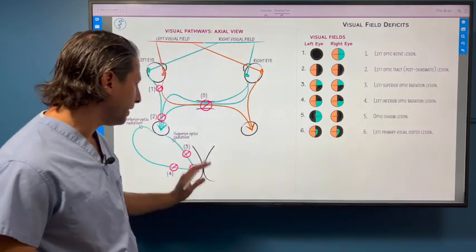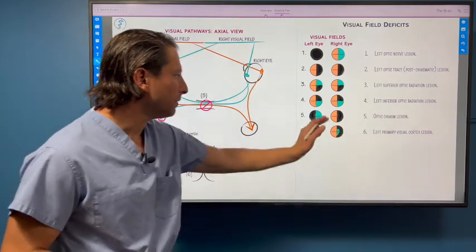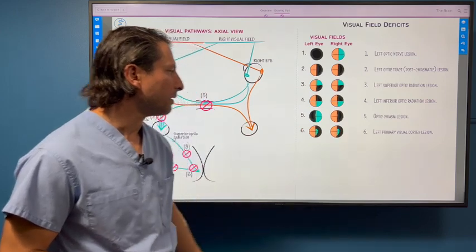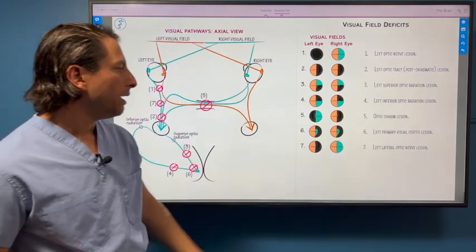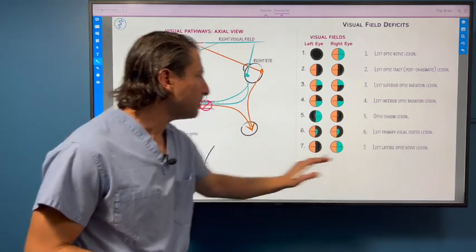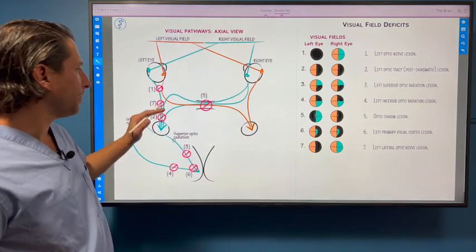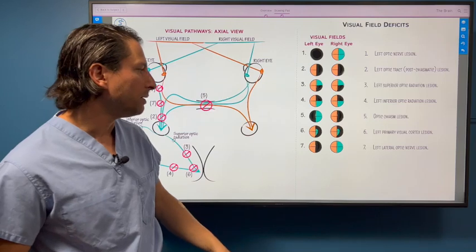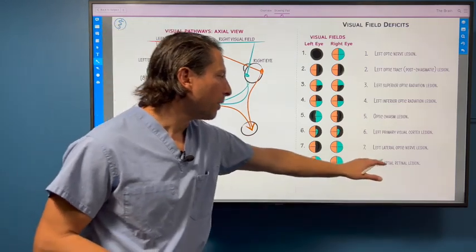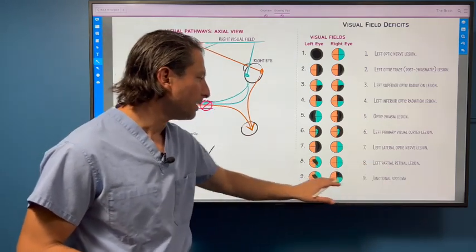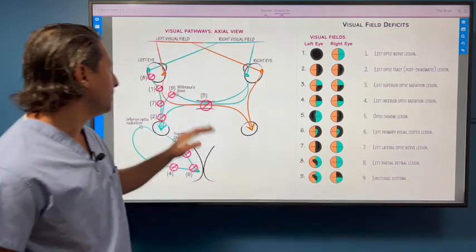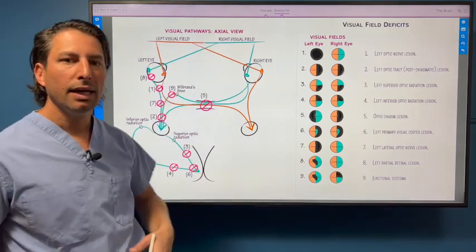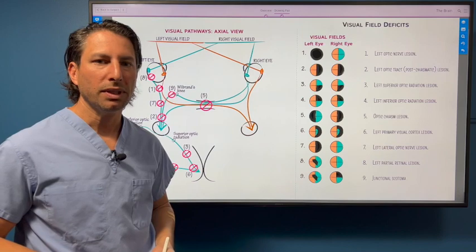If the left visual cortex is knocked out, then the right visual world is not going to be observed. Left lateral optic nerve lesion. These last couple we're just going to skip through because they get a little more detailed than we need to. So there's a partial retinal lesion, and then there's also this thing called a junctional scotoma, which involves Willebrand's knee, and you can learn about that in more detail on the site.